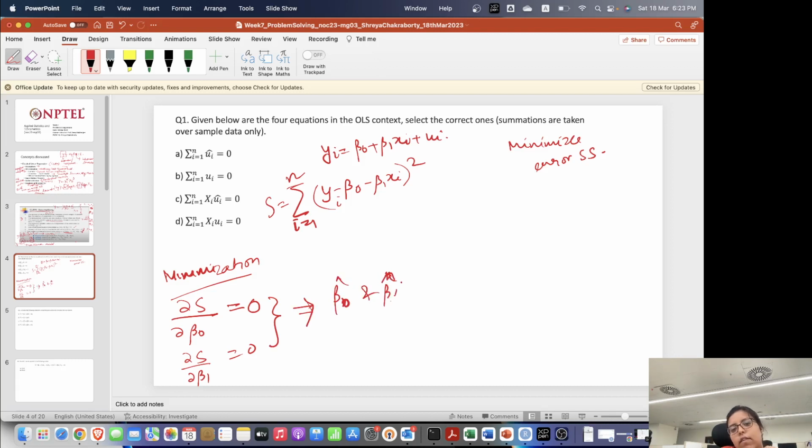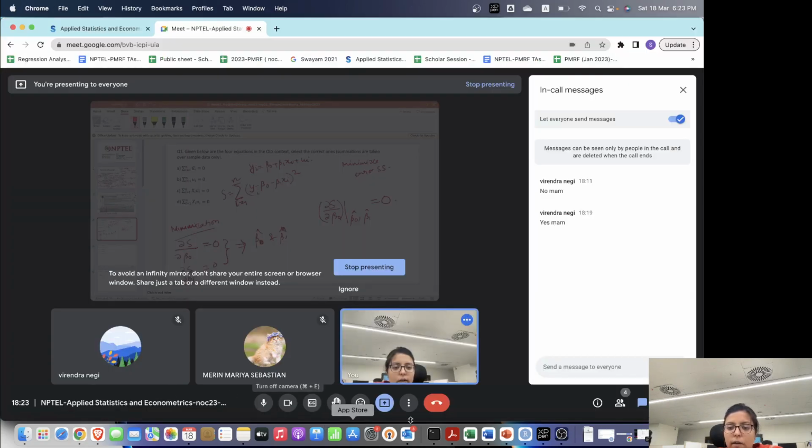So if we put the values of beta naught hat and beta 1 hat into these expressions, then this quantity should be equal to 0. Just backtracing. Am I making sense? Is it clear?